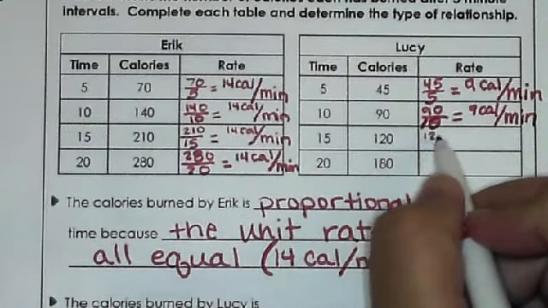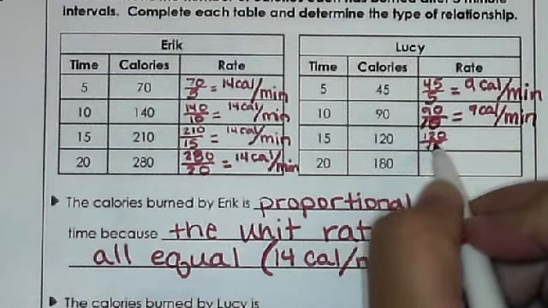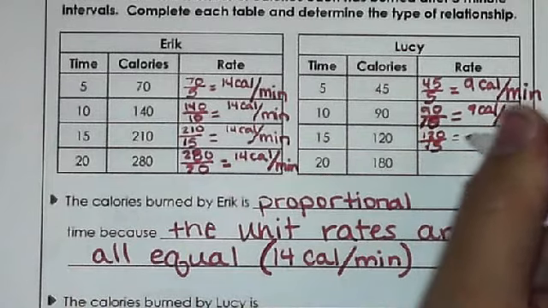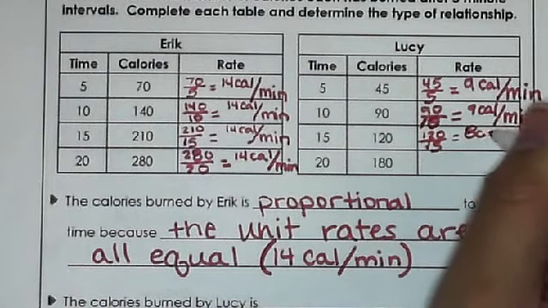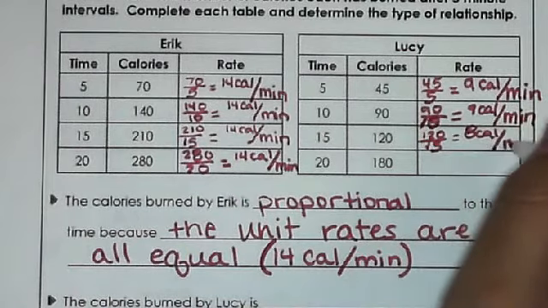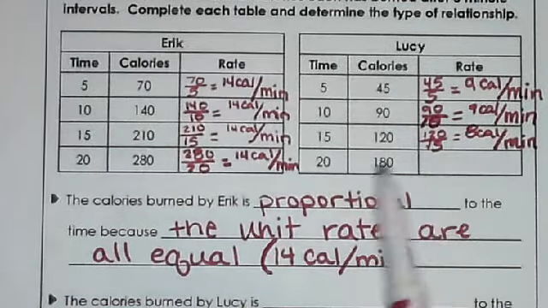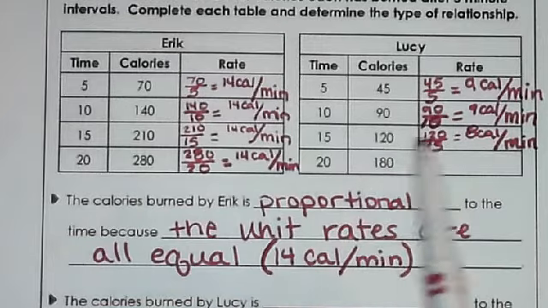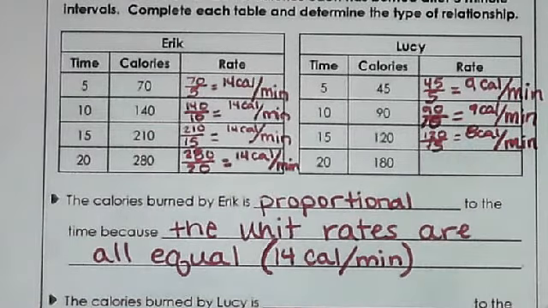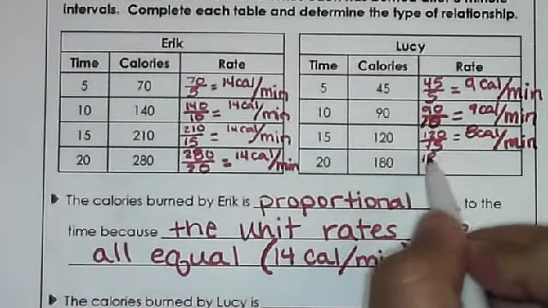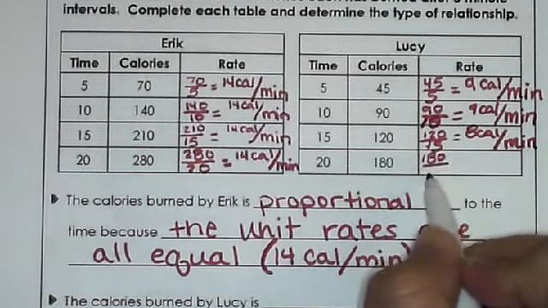Okay, the third one, we've got 120 over 15. What does that divide to equal? All right, so right there, that one 5-minute interval where she burned only 8 calories per minute on average, that tells us that it's not proportional, okay? Even though the rest of them so far have been.